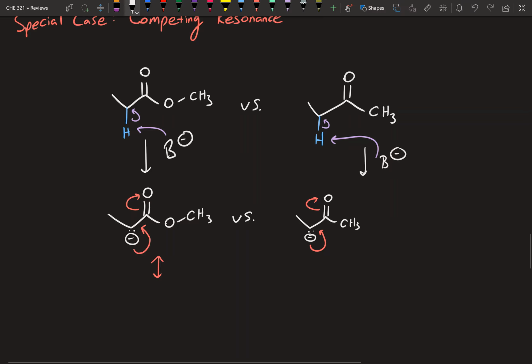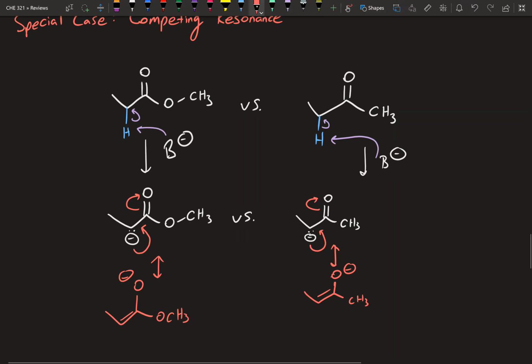So we're going to have now this structure on the left-hand side, and on the right-hand side we're going to have this structure. Okay, so that's one resonance structure for each.